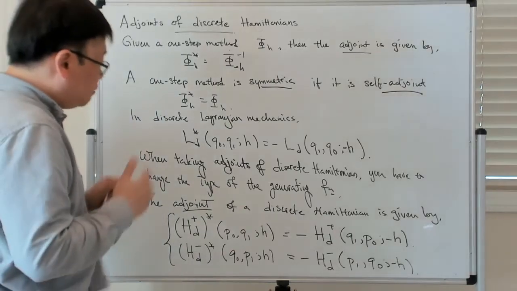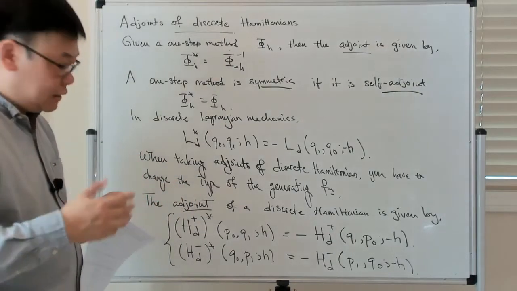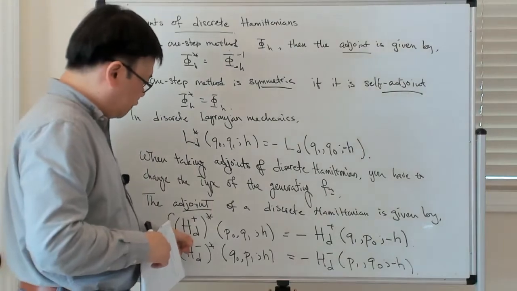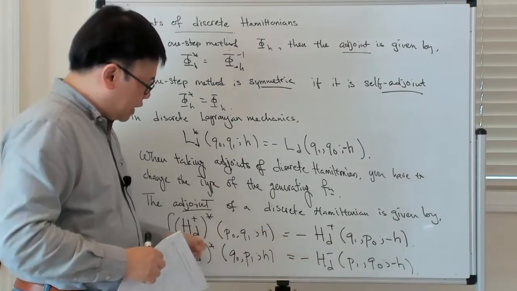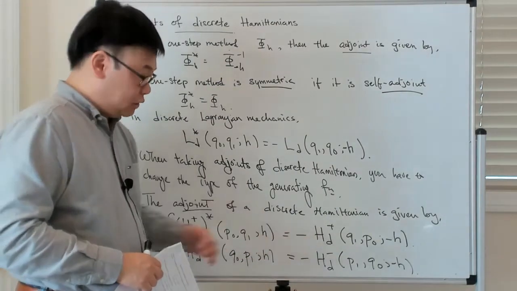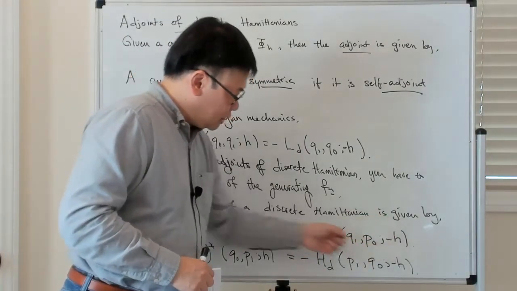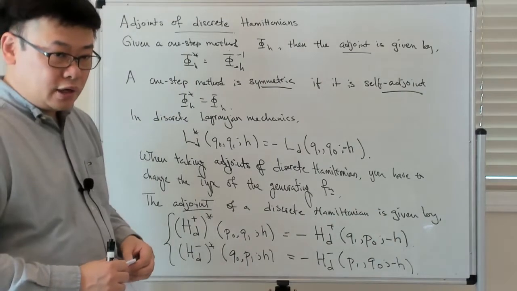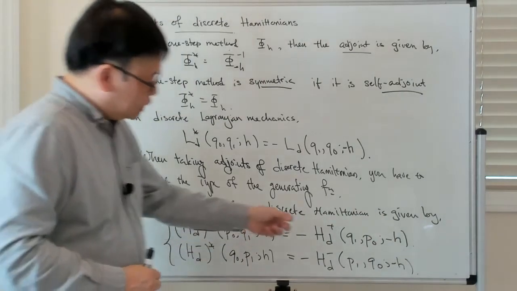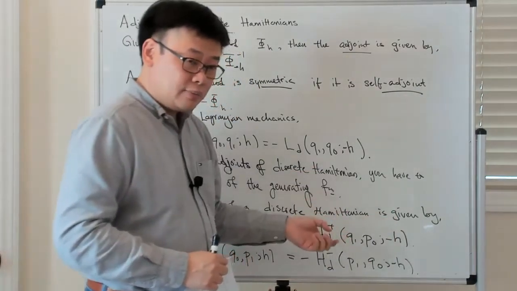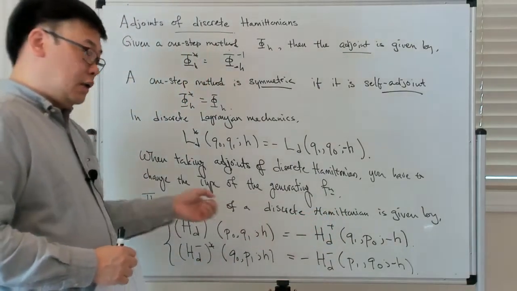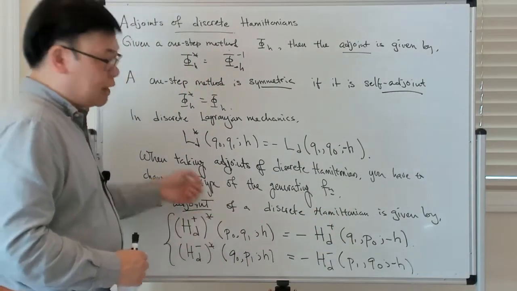So what you basically need to do is two things. On the one hand, the adjoint is a different type of generating function, which is constructed in a prescribed way from the original discrete Hamiltonian. But you can also take the Legendre transform of the original discrete Hamiltonian to give you a generating function of the same type as the adjoint.